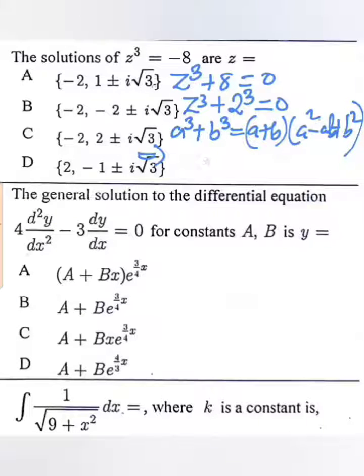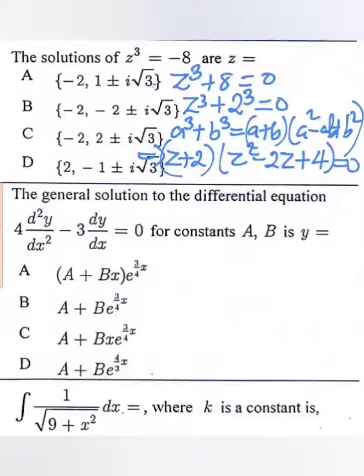Applying it to the left hand side of our equation, we would have z plus 2 into z squared minus 2z plus 2 squared, which is 4, equals 0.